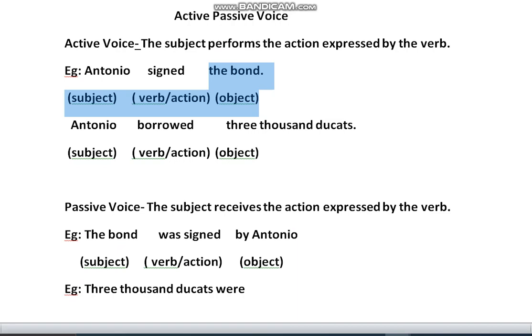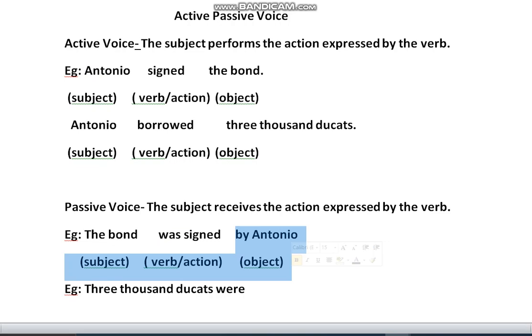I am explaining in very, very simple terms. In active voice, the subject performs the action. Therefore Antonio has been written first. When we convert it into passive voice, the object will become the subject. Hence, the answer will be: the bond was signed by Antonio.